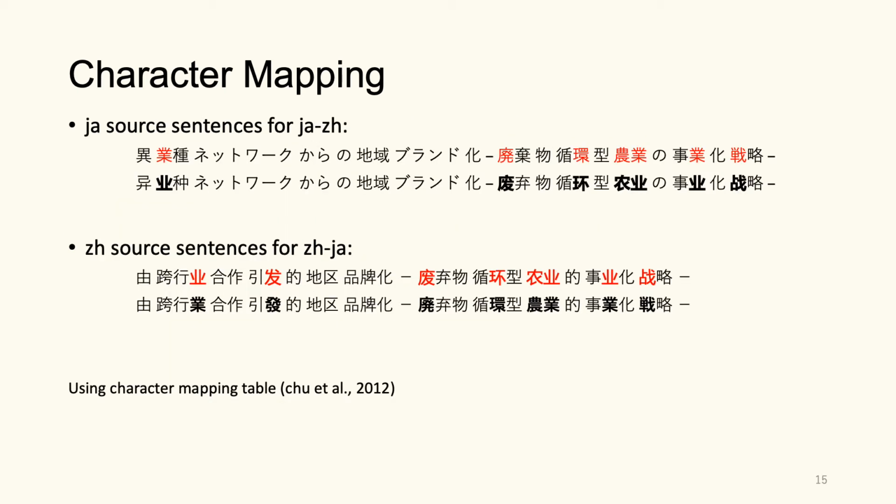Specifically, we try to modify the Japanese source sentences by modifying Japanese characters into Chinese characters in advance. And for the Chinese source sentences, we modify the Chinese characters into Japanese characters in advance. For the character mapping, we use the character mapping table constructed by Chu.